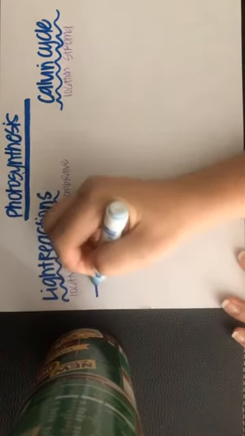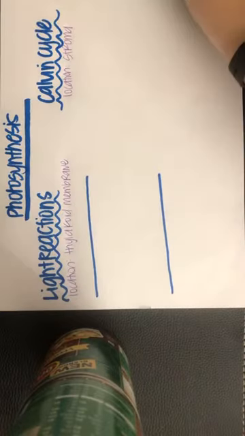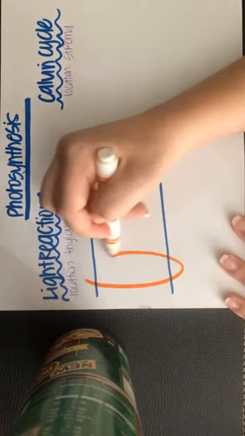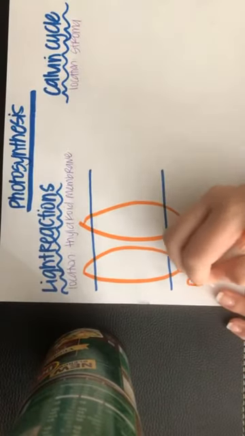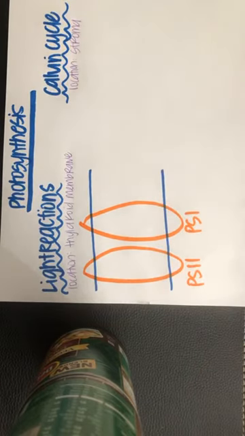So if we have our thylakoid membrane here, there are two of these things called photosystems that sit in the membrane. We have photosystem 2 and photosystem 1. Yes, they're named out of order, but that's okay.